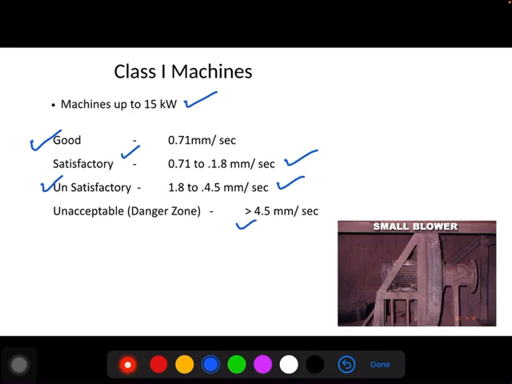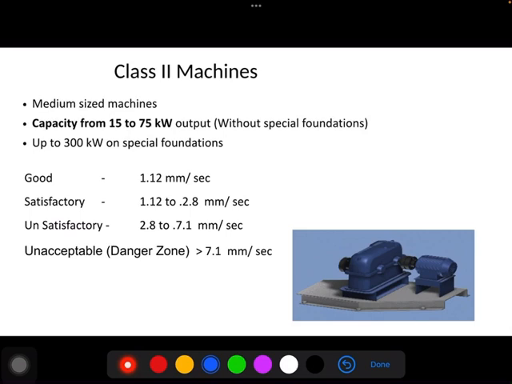Class 2 includes mainly medium sized machines. Here two major criteria are followed. First is capacity from 15 to 75 kilowatt without special foundation. The second is machines having capacity up to 300 kilowatt on special foundation. Both criteria 1 and 2 come under class 2.